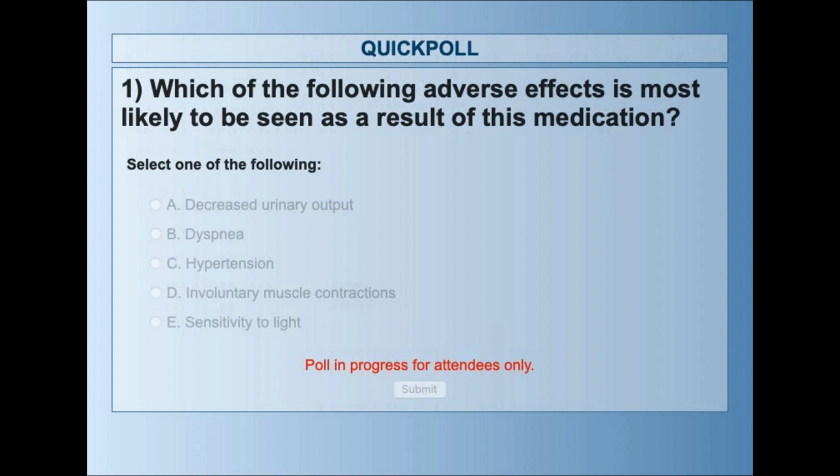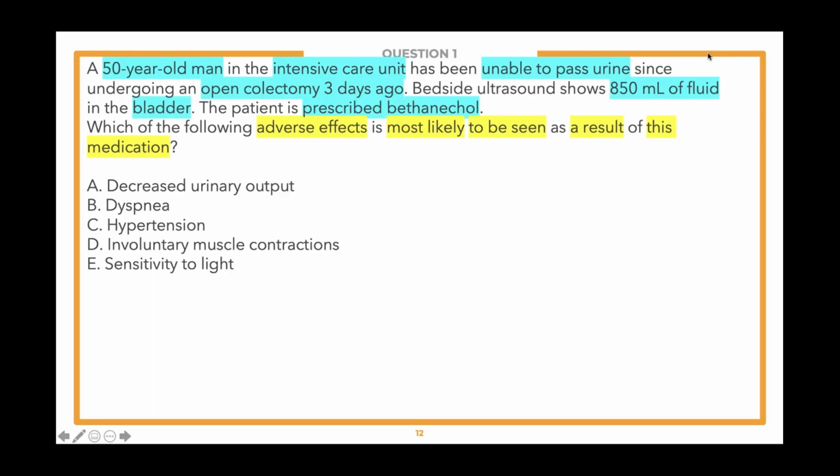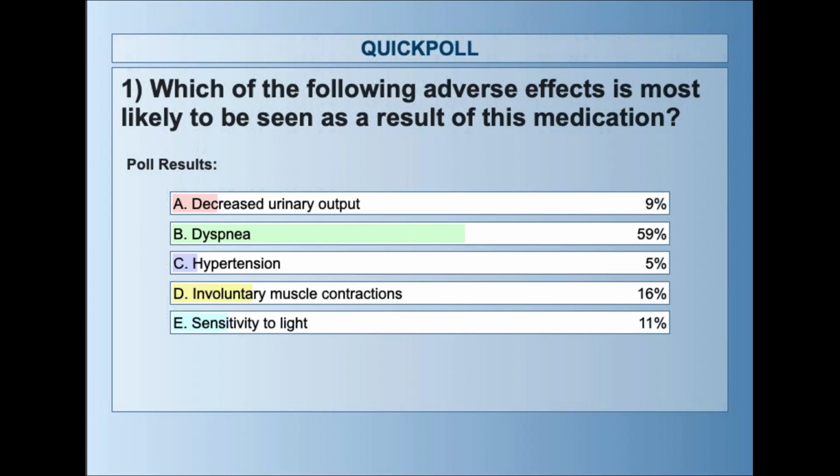Okay, it looks like almost 80% of you have voted, so I'm going to close the poll and share the results. Almost 60% of you went with dyspnea, and about a quarter of you were split between involuntary muscle contractions and sensitivity to light.